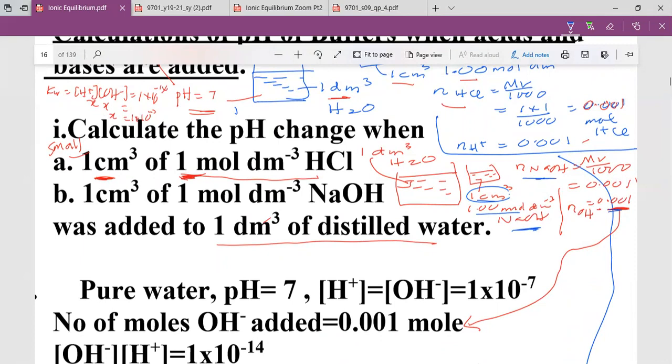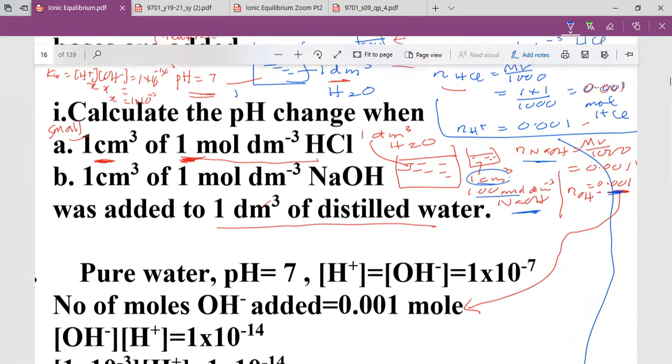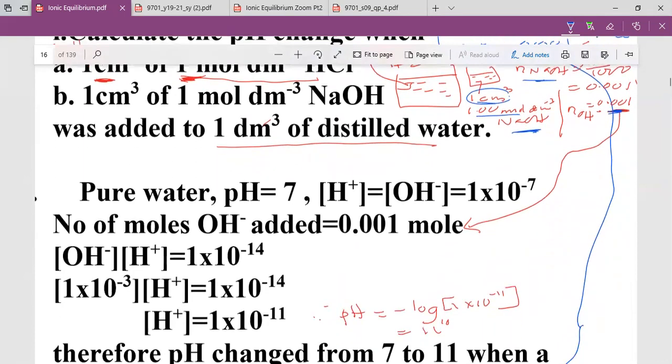Remember, pure water has OH minus the same as H plus. So the number of moles of OH minus added is 0.001. So the total number of moles of OH minus added is how much?